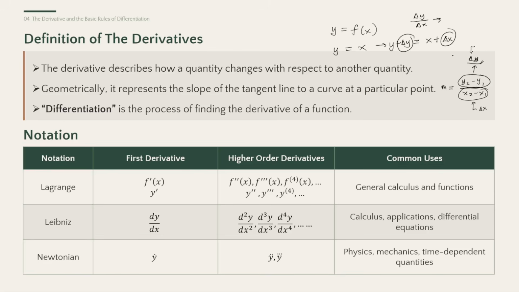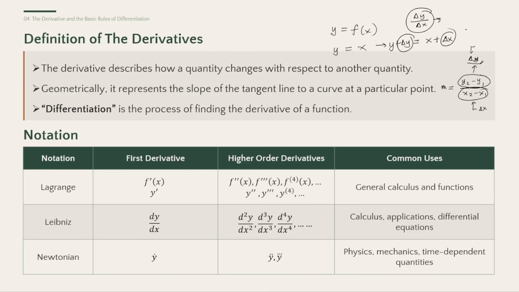Now, this particular concept has many uses. For example, in physics, this can be used to represent velocity, and the second derivative can be used to represent acceleration. In real life, there are many things that change.